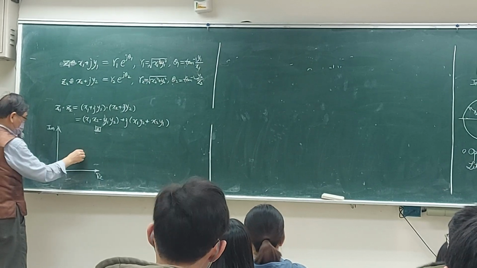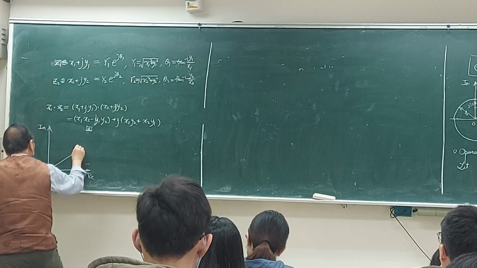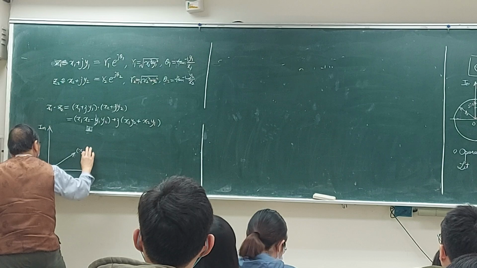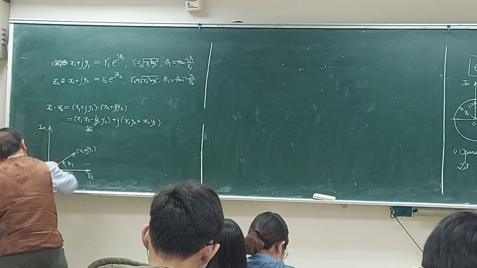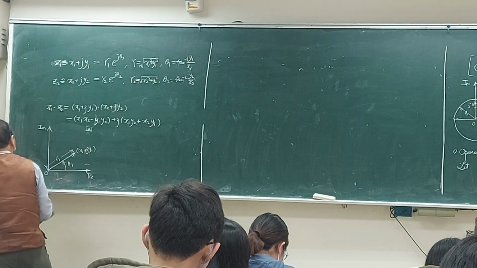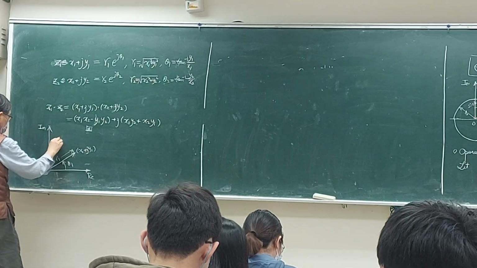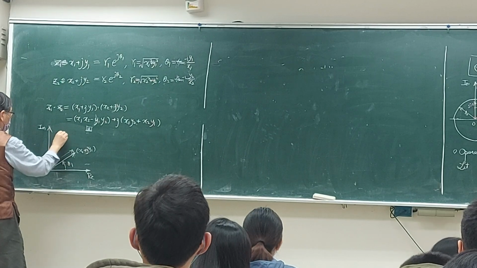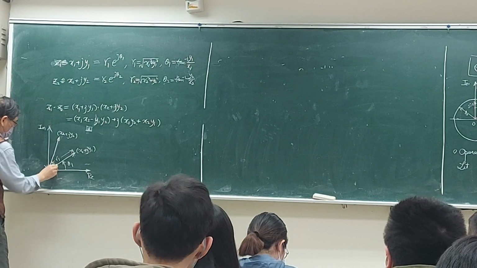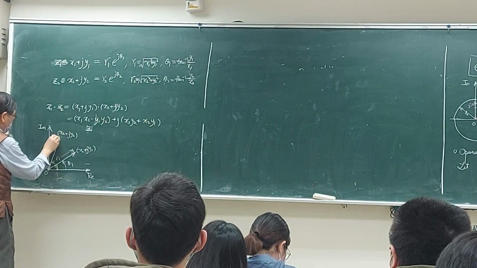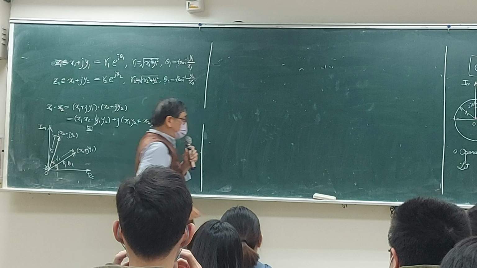So we have Z1, and also we have Z2. The angle is theta 2, the distance or the magnitude is R2. Okay, so far so good.